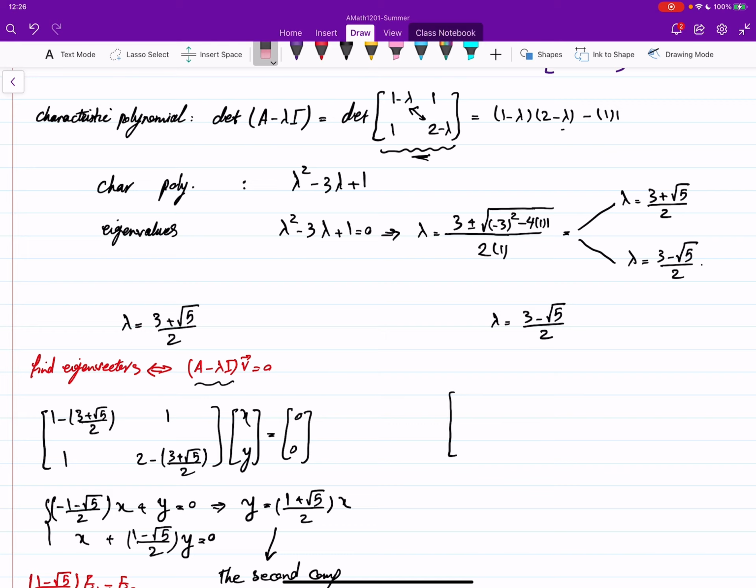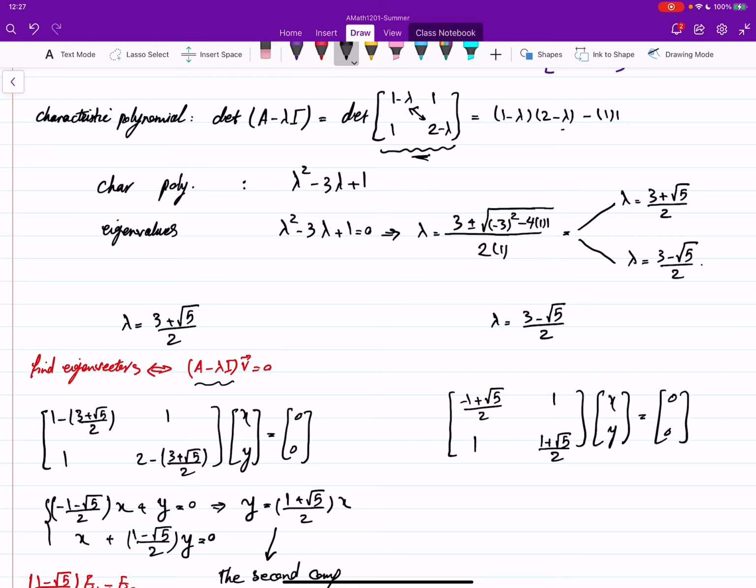So that gives me negative 1 minus root 5 over 2, then 1, then 1, 2 minus that is a 1 plus, this must be plus root 5 over 2 times x y equals to 0.